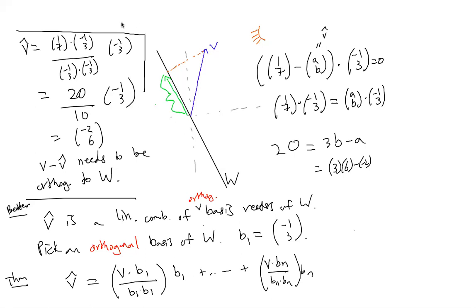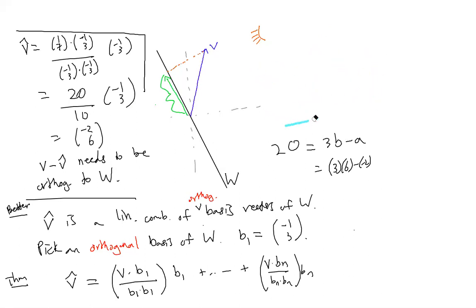So this is maybe a better way, because here you need to pick the right scalar. While with the method over here, you can reason through what V hat needs to be. This theorem will help you because it'll give you a general way to find orthogonal projections. That's supposed to be a star.